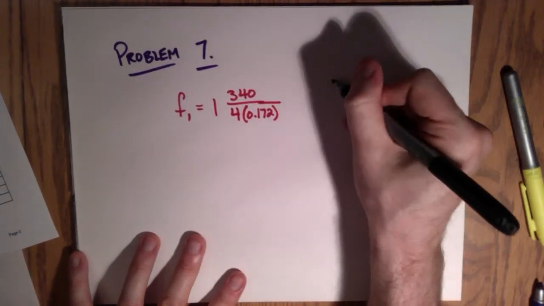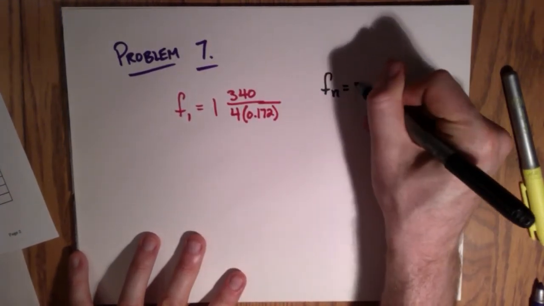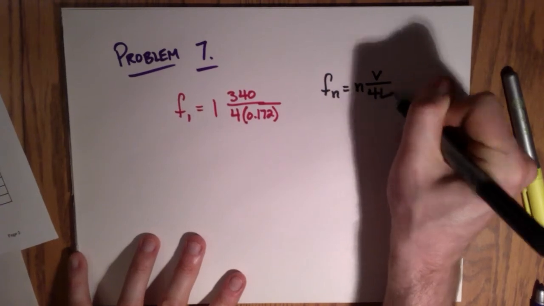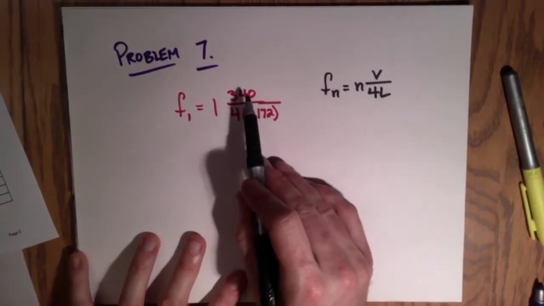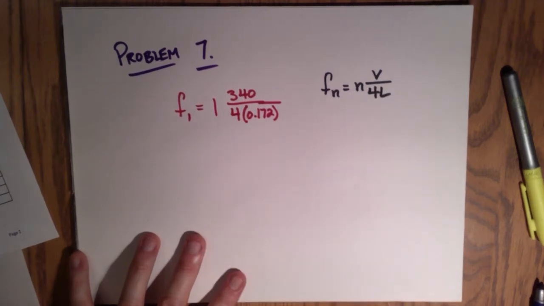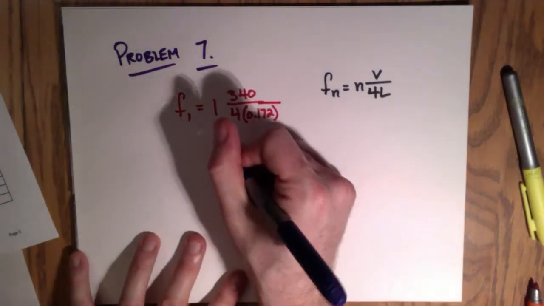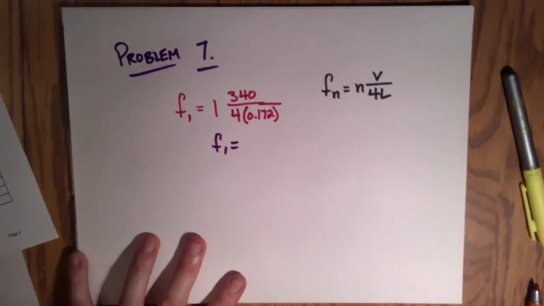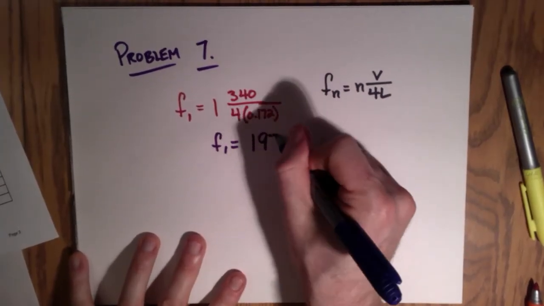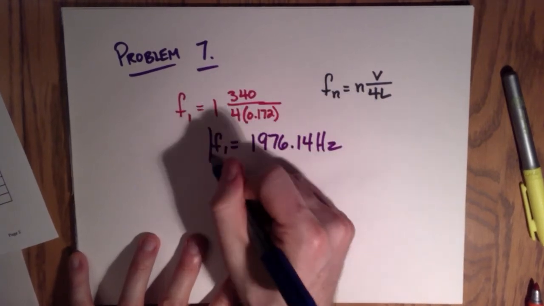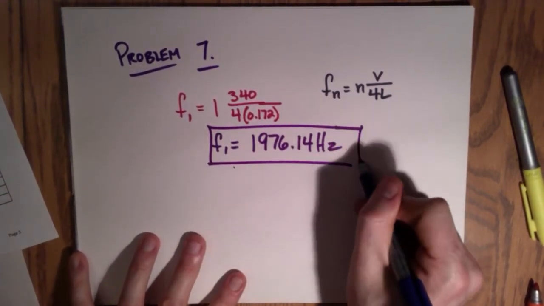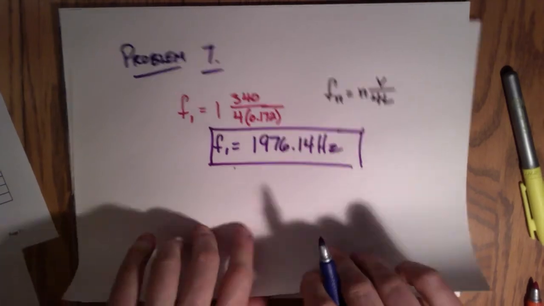And for those that don't see what I'm doing here, I'm just taking this equation, because it's an open closed system, and I'm just plugging in first harmonic, velocity, and our length, and 4 is our constant. If we plug all of this in, you should find that your fundamental frequency equals 1,976.14 hertz. It's just a matter of plugging the variables we have into the equation that we have.